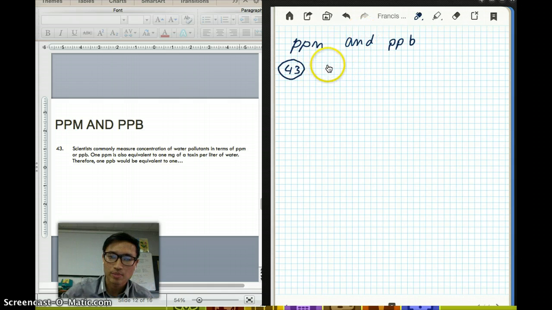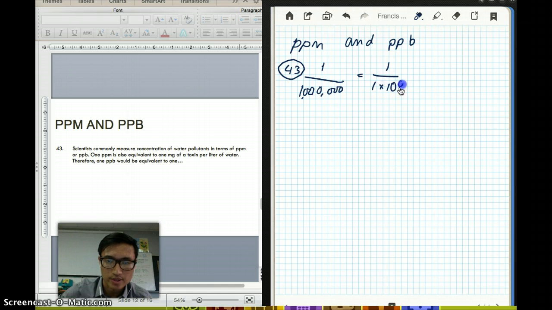So 1 part per million means 1 out of 1 followed by 6 zeros, which is the same thing as 1 over 1 times 10 to the 6.